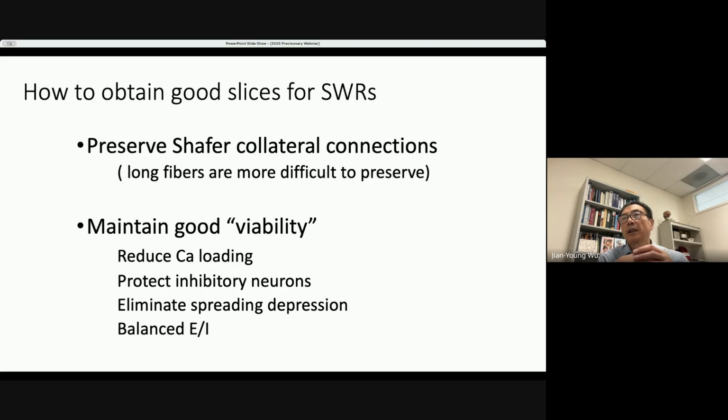Spreading depression also starts with excitatory neuron activity. They dump a lot of potassium into the extracellular space, and that potassium keeps driving more excitation and then becomes depression in the network. So we want a balanced E/I.